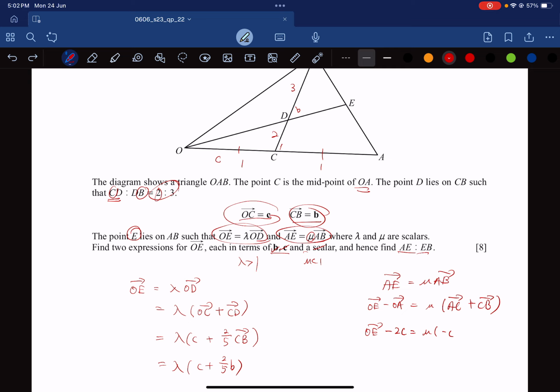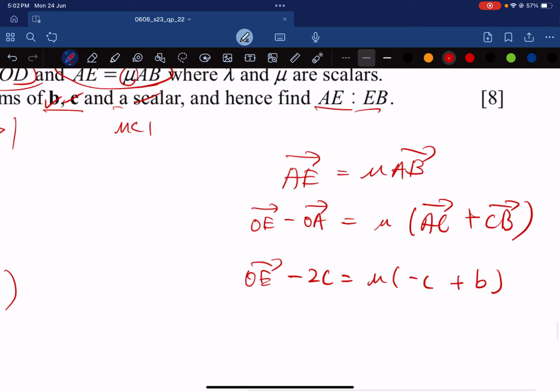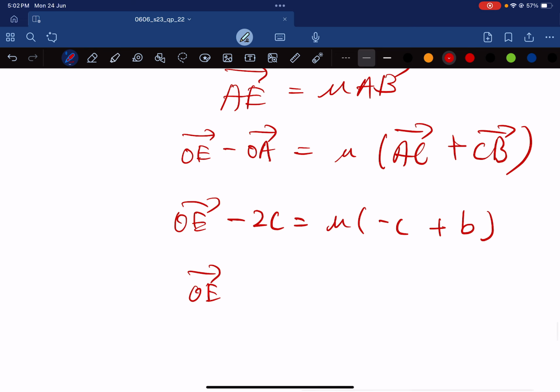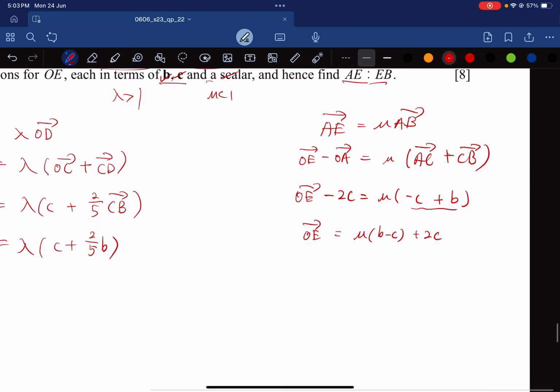And then CB is b. So OE equals mu times b minus c plus 2c.